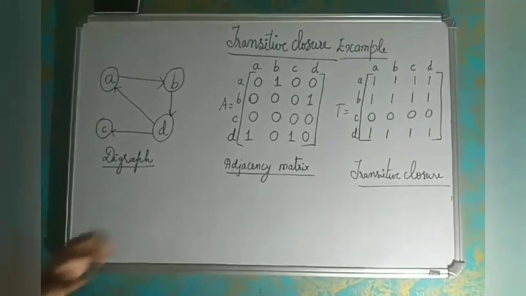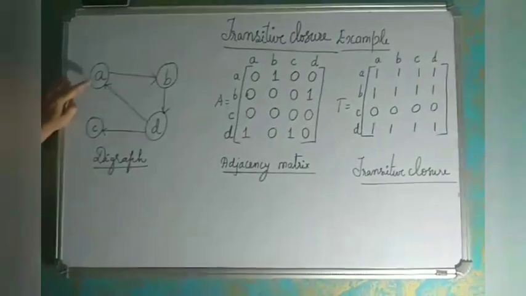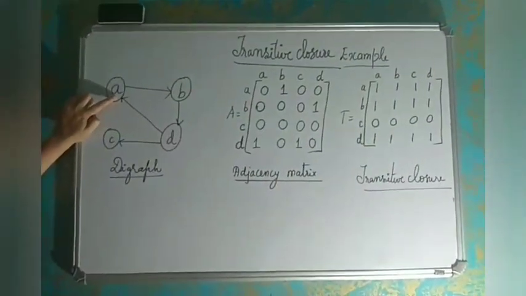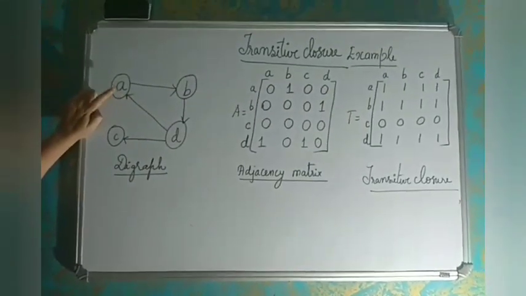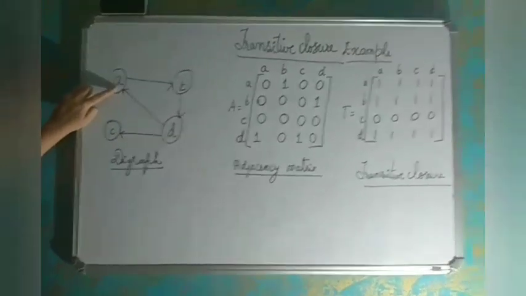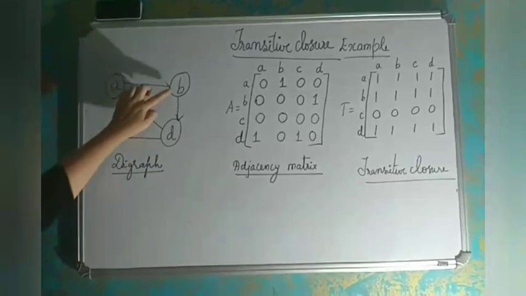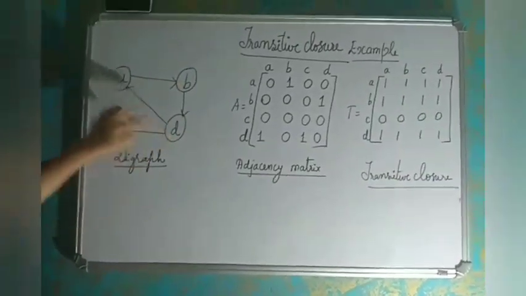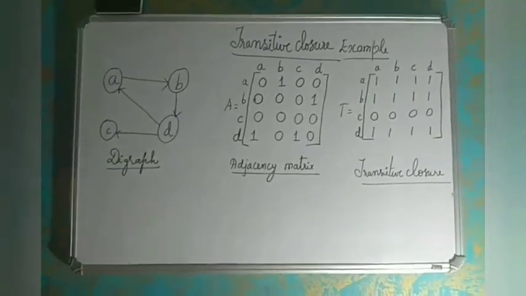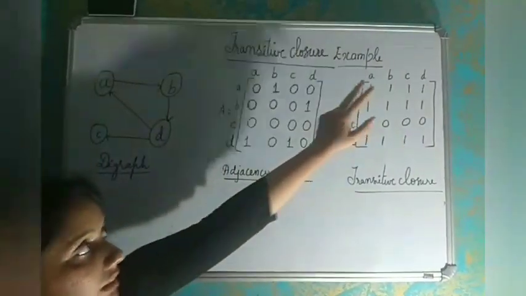If you take the first row, A to A, we are checking whether A is reachable from A. You can go from A to B, B to D, and D to A, which says that A is reachable from A. That is why the entry is 1 here.